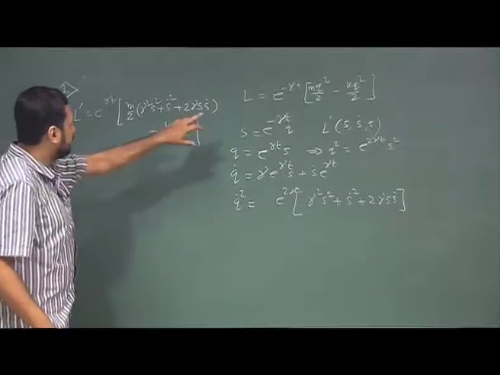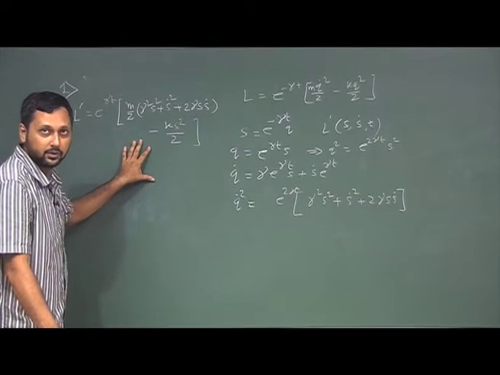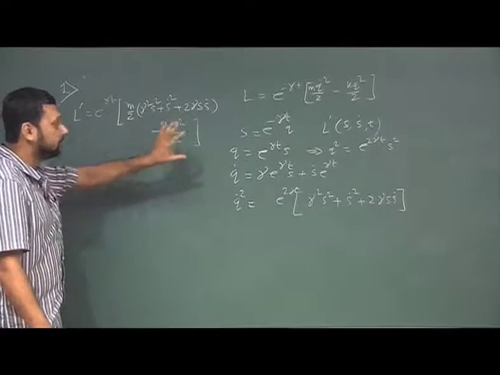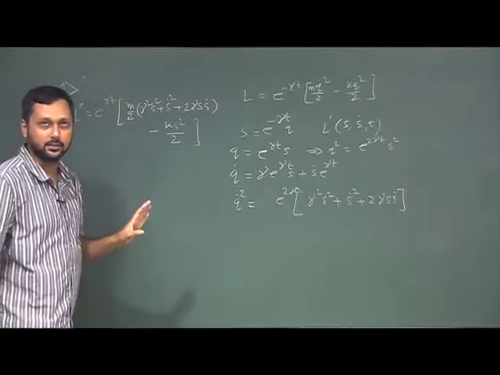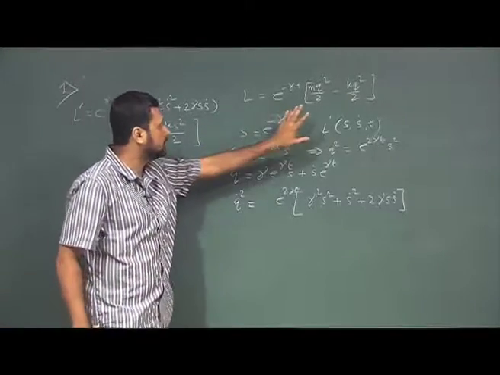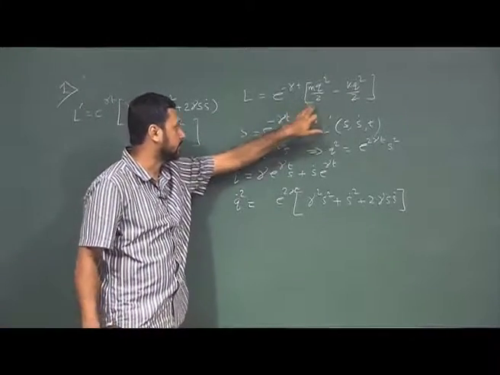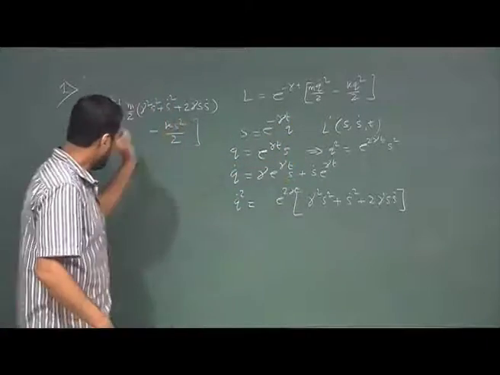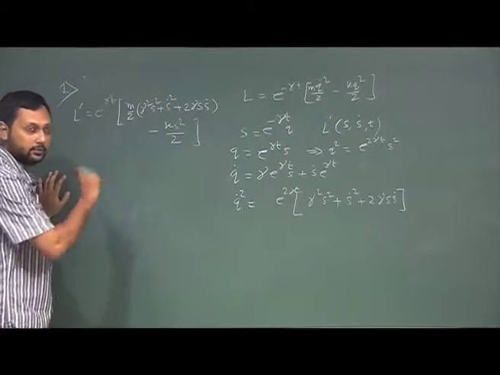You see L and L prime have different forms in a point transformation, but both of them are equally valid Lagrangians. As I said, you calculate the equation of motion from here, and we are going to calculate the equation of motion from this one.